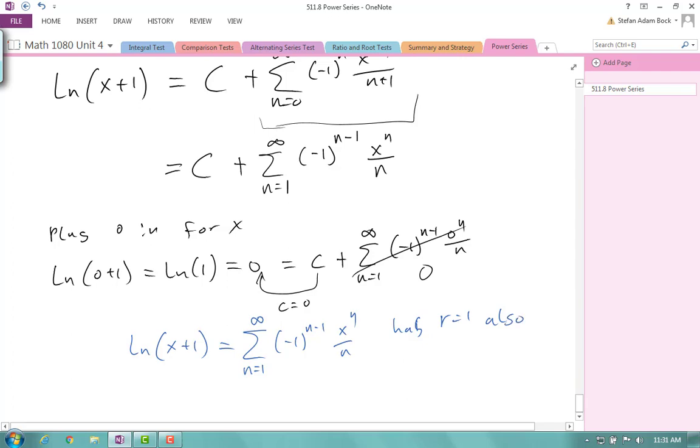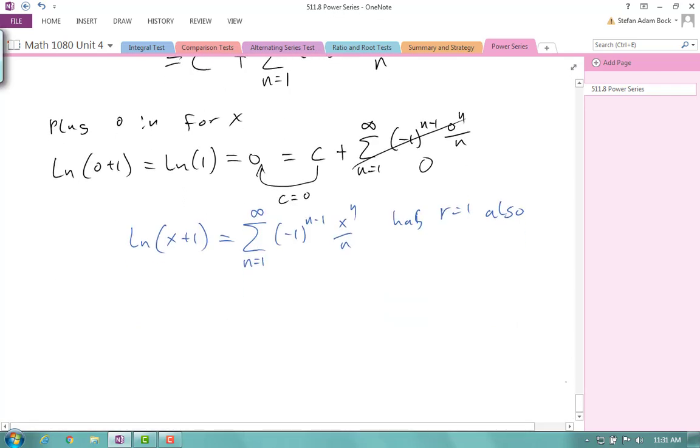And I can do similar things to find the power series for arctangent, or if I needed to find the power series of an arbitrary integral of something, I could find the power series of the thing inside the integral and then integrate the power series later, which is especially handy if the integral is impossible or kind of gross.